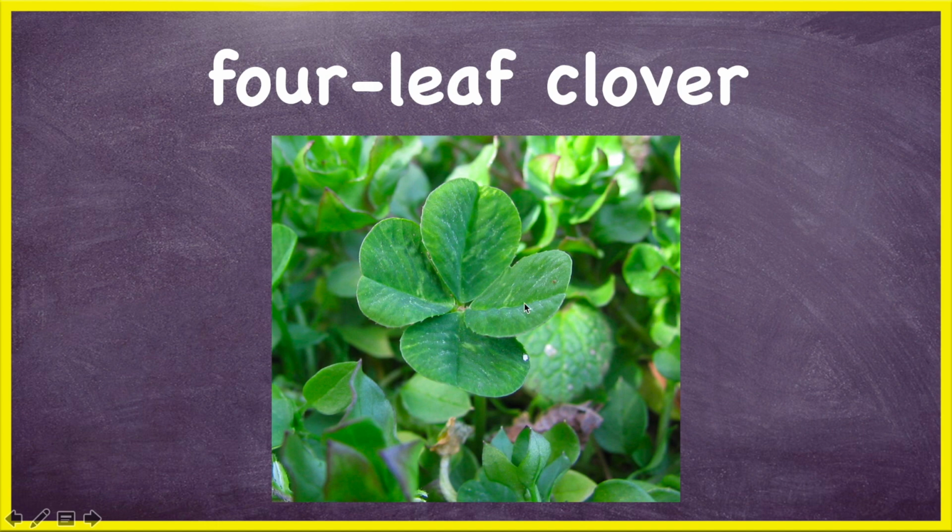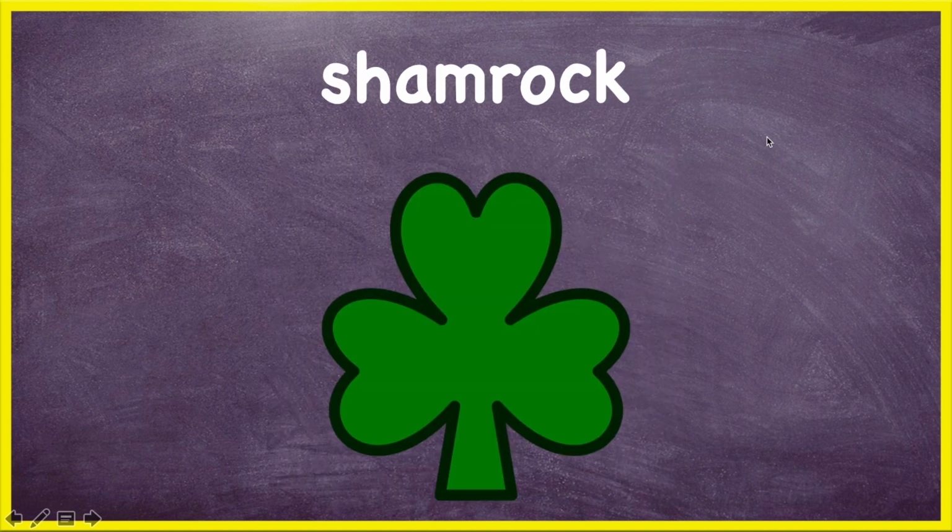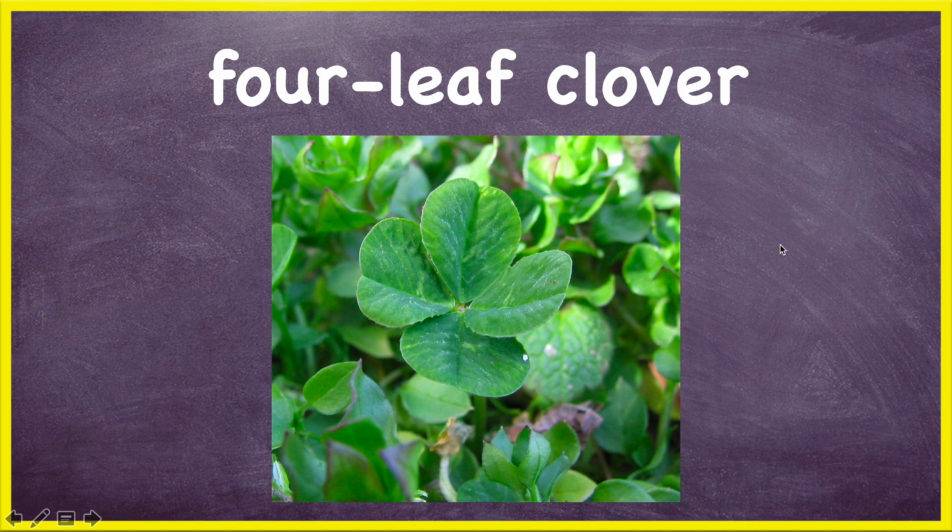And this is supposed to be lucky because they are rare. Most clovers or shamrocks have 3 leaves. You can call them clovers or shamrocks. But if you get them with 4, then that's supposed to be a sign of luck and good fortune.